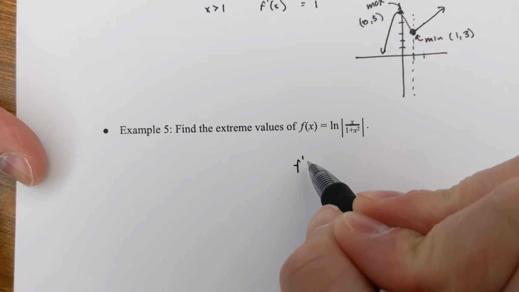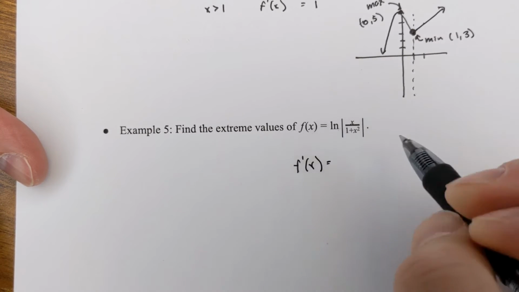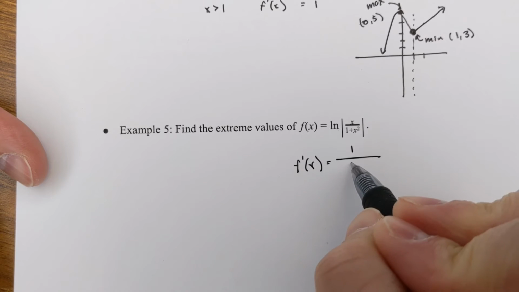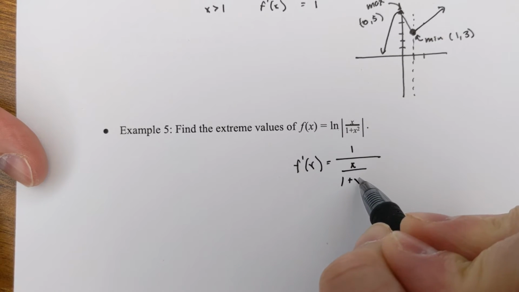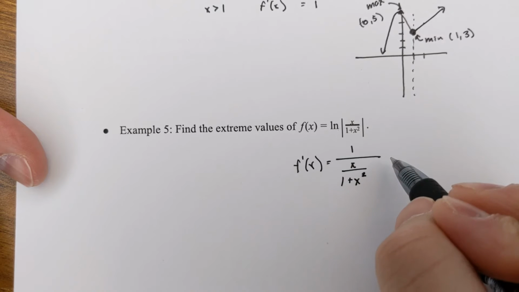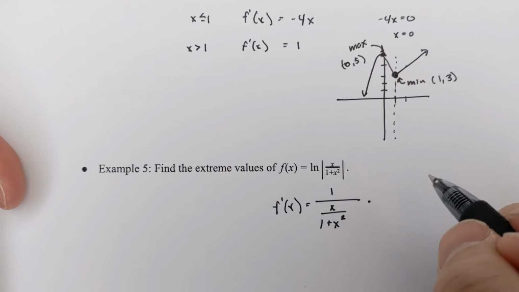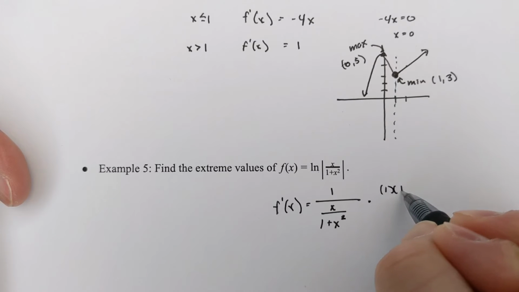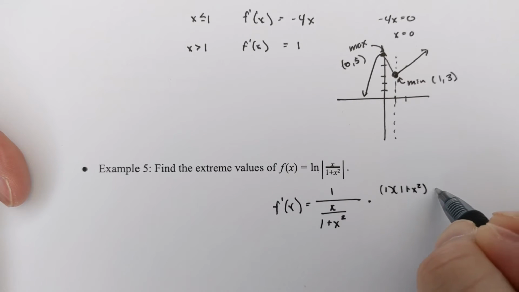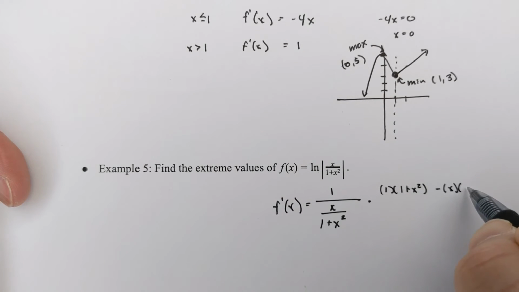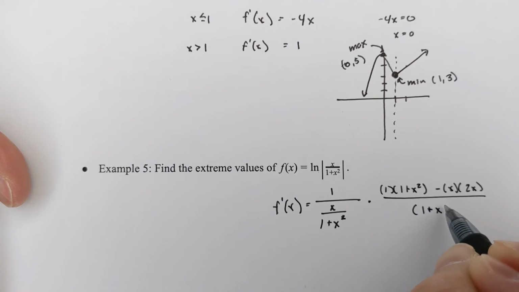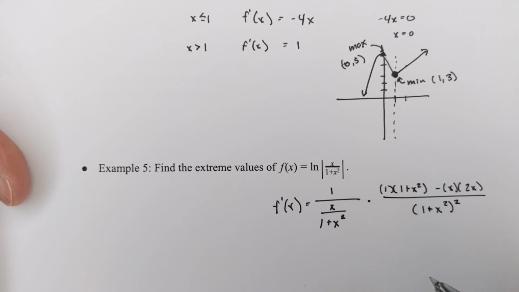So f prime, the derivative of the natural log is 1 over whatever's inside the natural log times the derivative of what's inside the natural log, which happens to be a quotient rule. So that's the derivative of the top times the bottom minus the top times the derivative of the bottom, all over the bottom squared.